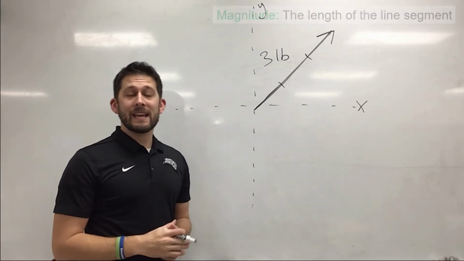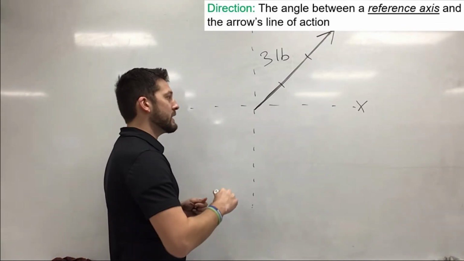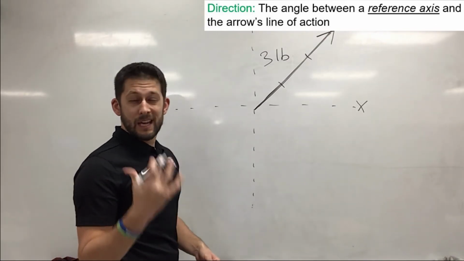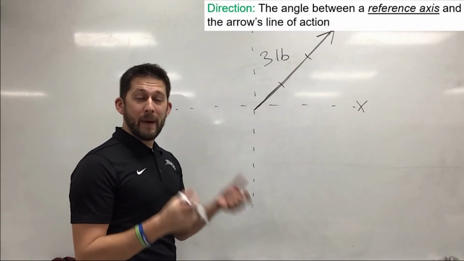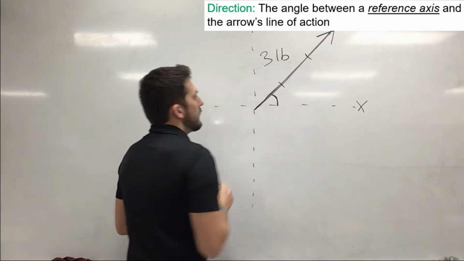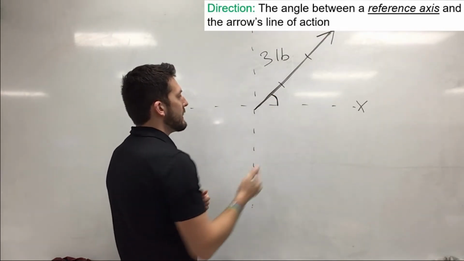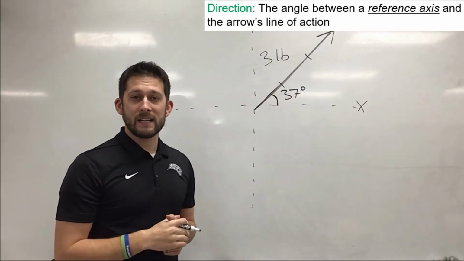The second idea is the direction, and we're going to use an angle measurement to show that. Most of the time, just to keep things consistent, we're going to use the x-axis as our basis for measurement. So let's say our vector has a 37-degree angle with respect to our x-axis.